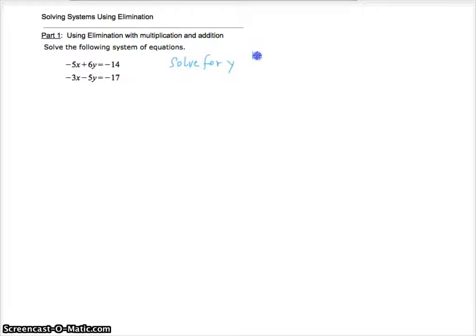The first thing I'm going to do is multiply both equations to get them to 30. I need to get my y's to 30 because that will cause them to cancel.